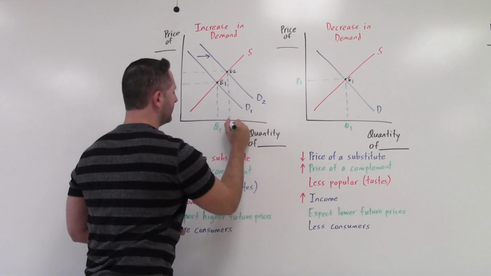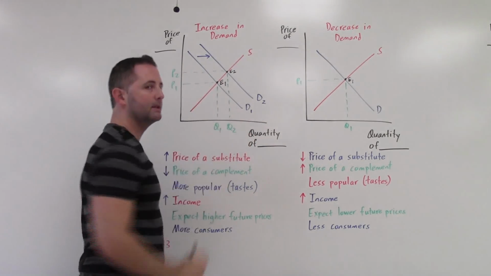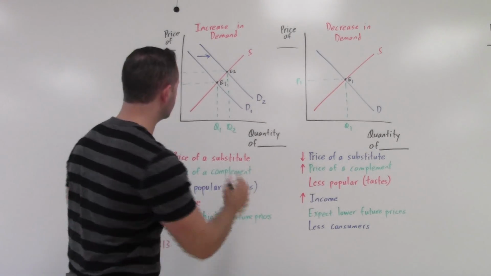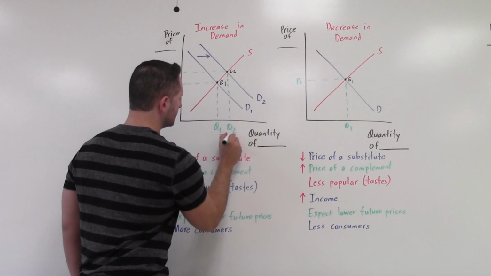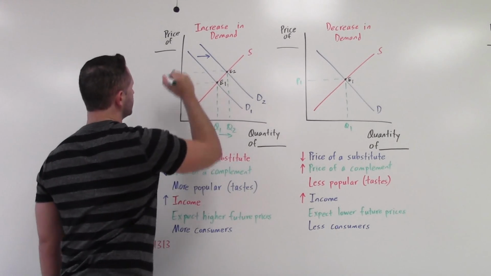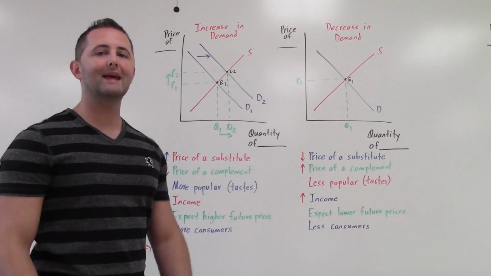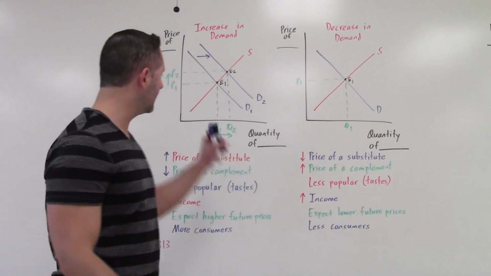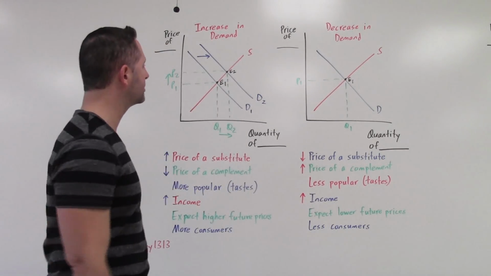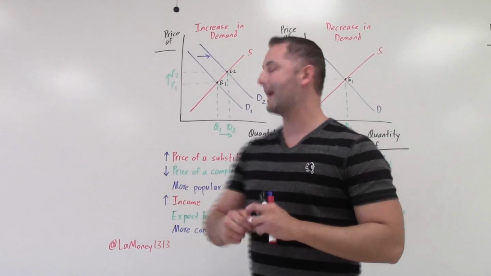Something like that, we have Q2 and P2, so we can see what's happened to price and quantity. The quantity has increased, as has the price. So when we have an increase in demand, price increases and the quantity increases. We see both things increase when we increase demand.